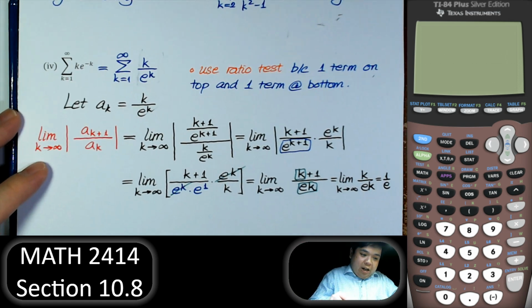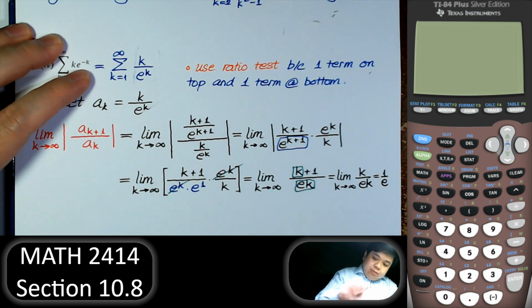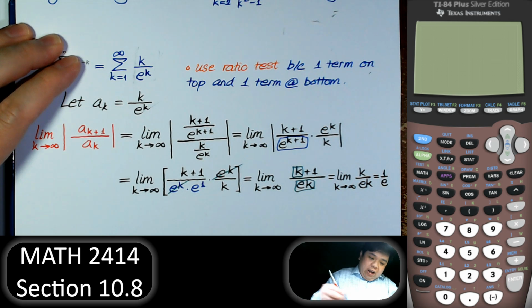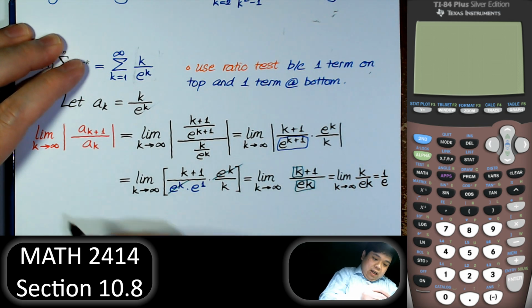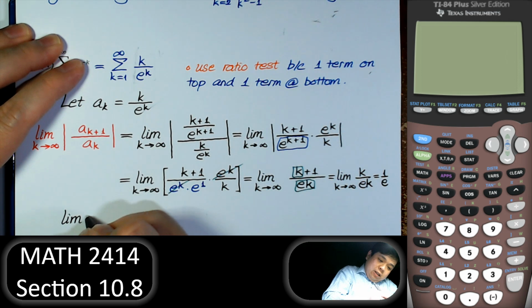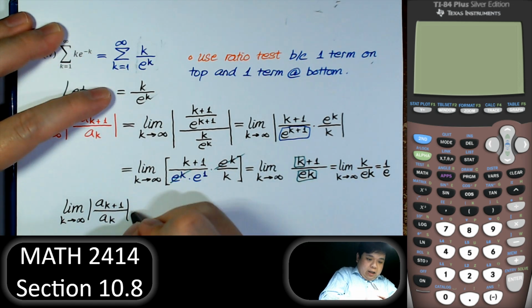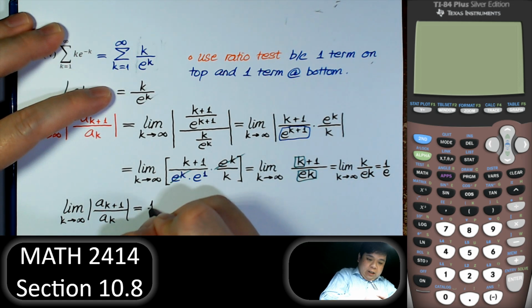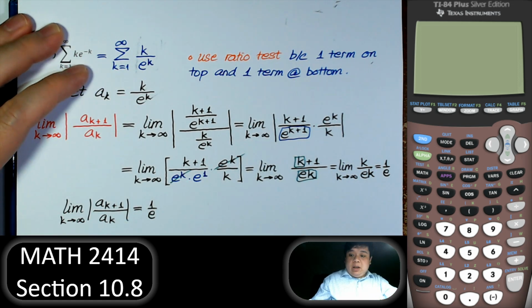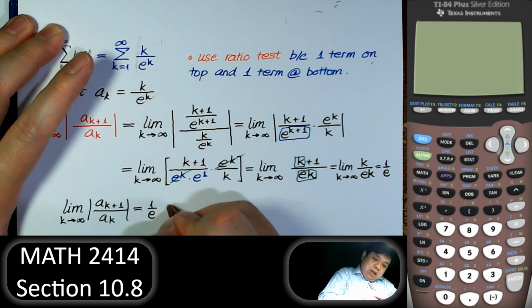Now, let's write it out. So we have the limit of a of k plus 1 over a of k as k goes to infinity equal to 1 over e. e is 2.7 something, so 1 over e is going to be less than 1.